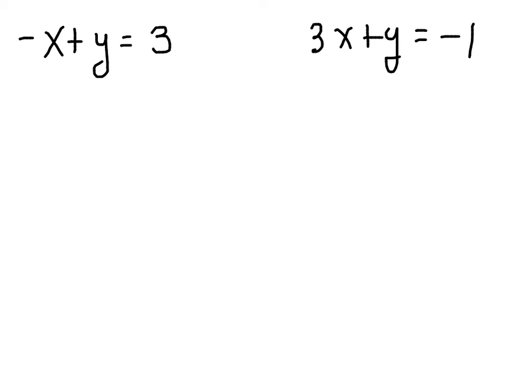There's a 1 in front of this y right here, so I would want to solve for y out of this one. I don't want to choose the x in the second equation because if I did, I'd be dividing by 3, and then you got fractions to worry about. Do you want to work with fractions? No. Me neither.